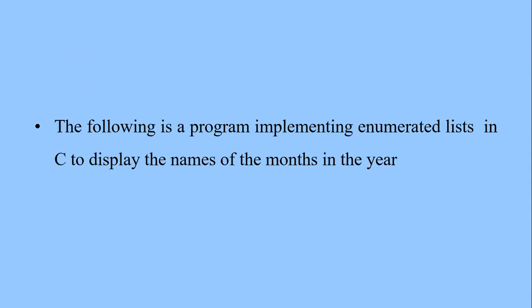The following is a program implementing enumerated lists in C to display the names of the months in the year. So we have our comment. We include the standard input-output header file, because we are going to make use of the input and output functions in our program.